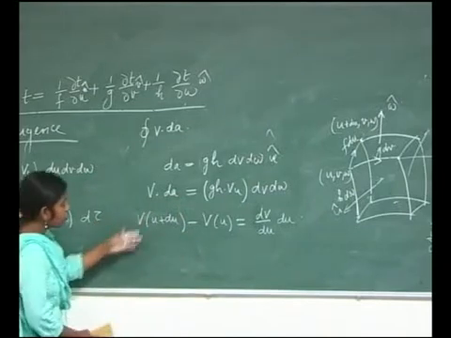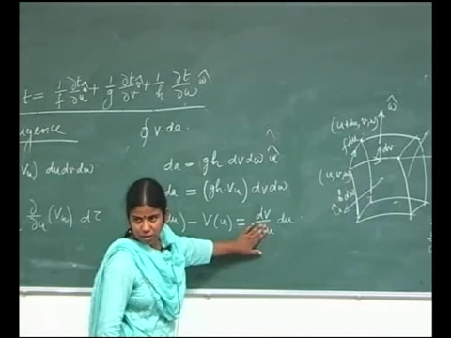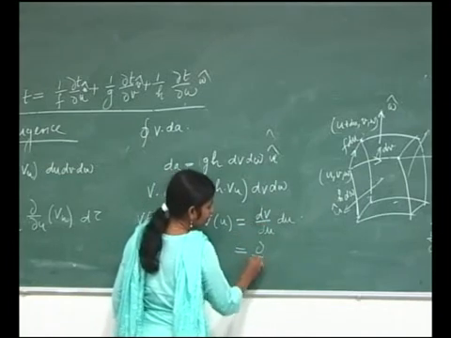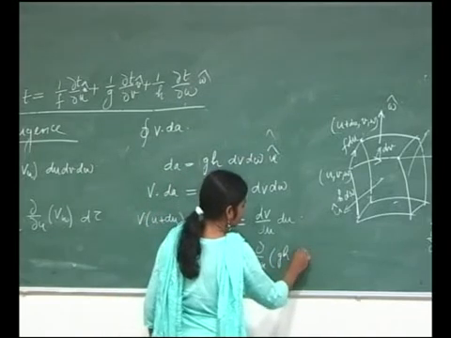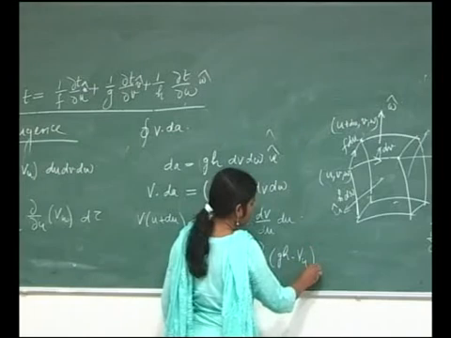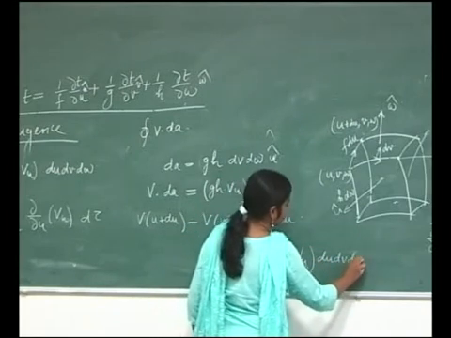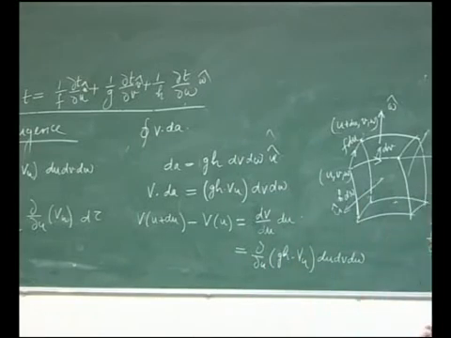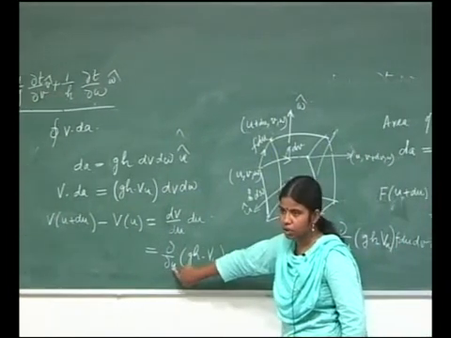So what would be the resulting expression here? This would be equal to del by del u of GH dot Vu into du dV dW. That is all it would be. The magnitude is not changing. Only the coordinates are changing, and that change you have taken here into account.